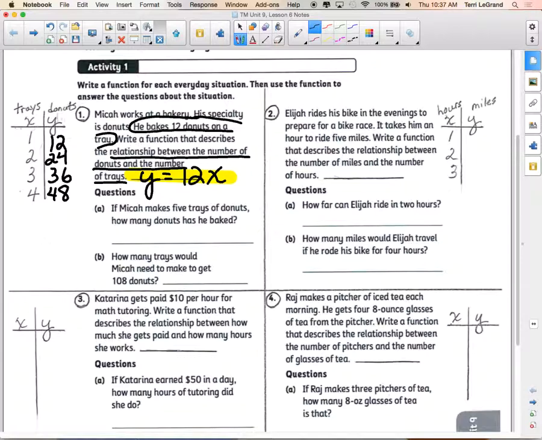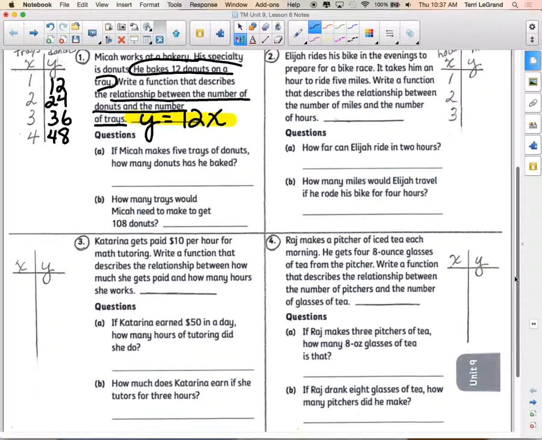Okay, then it says, well, if Micah makes 5 trays of donuts, how many donuts has he baked? We're going to use our function for this, okay? So let's go over here to the side and let's show that this is going to be our work for A. If Micah, so here's our equation. Here's what we think represents this relationship.